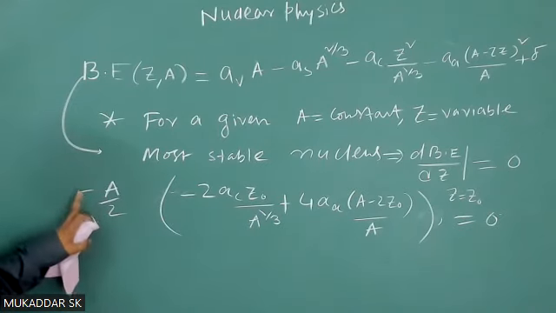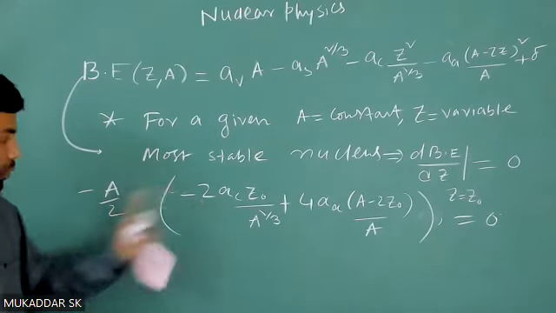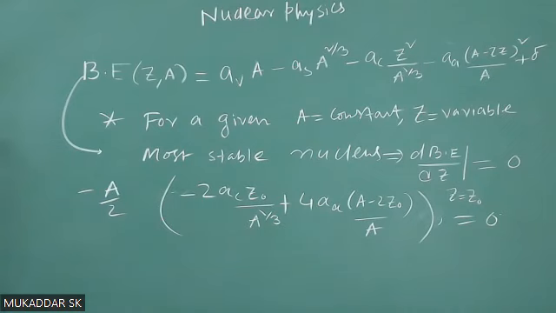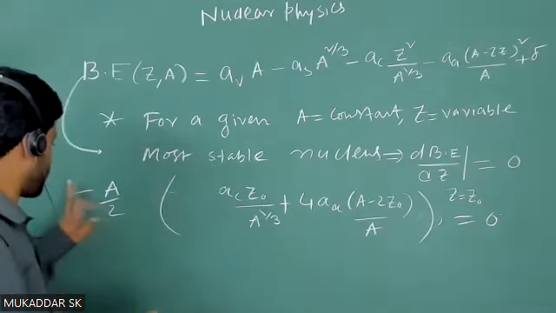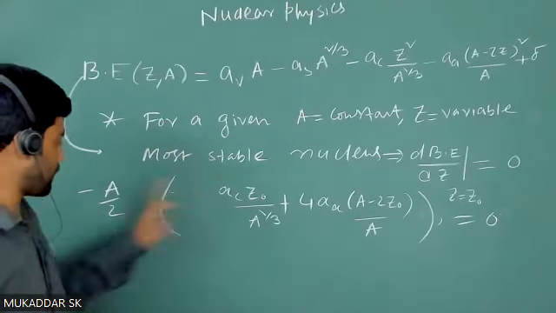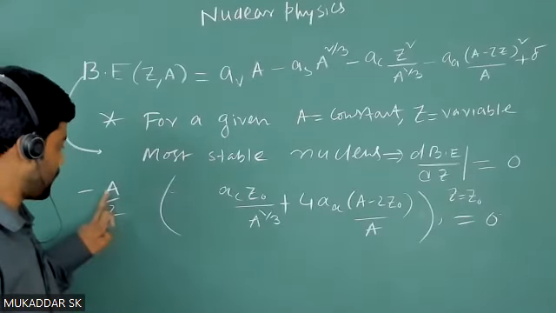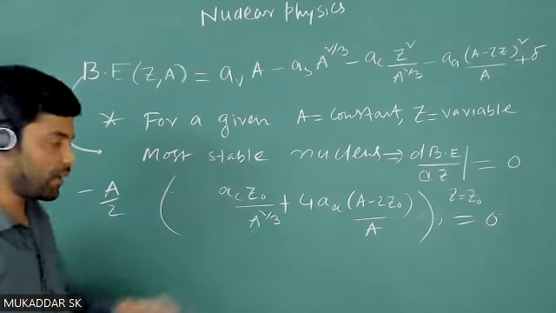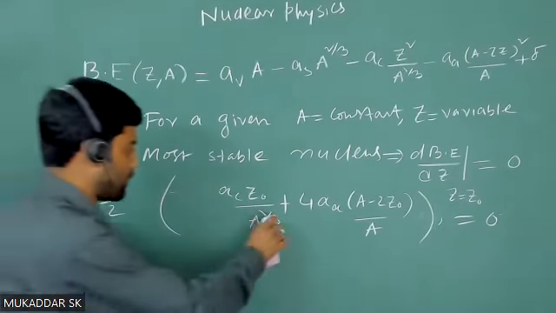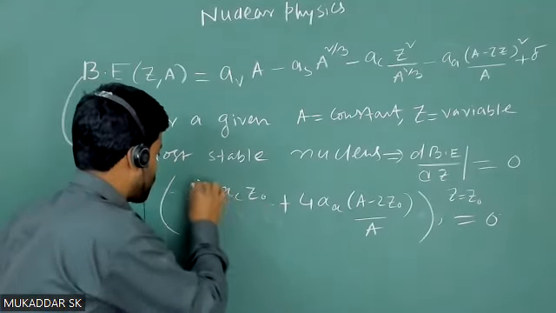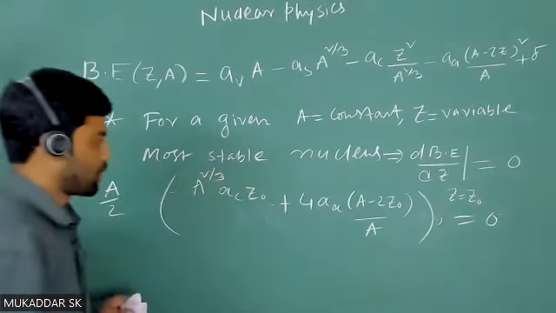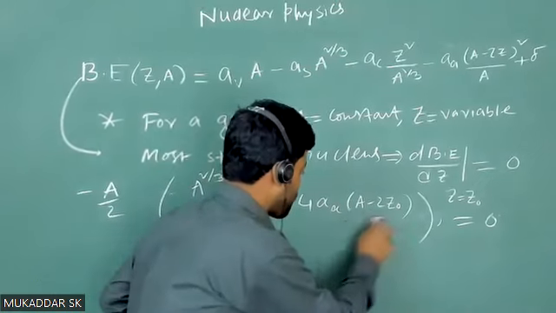Now if you bring this minus A by 2 inside the bracket, this 2 will be cancelled. You have minus, plus 2 will be cancelled, and in the numerator you have A, in the denominator what is there? A to the power 1 by 3. So if you combine, you will get that power, that will be A to the power 2 by 3. And here what will happen?